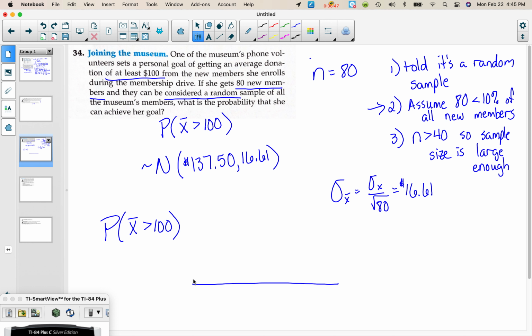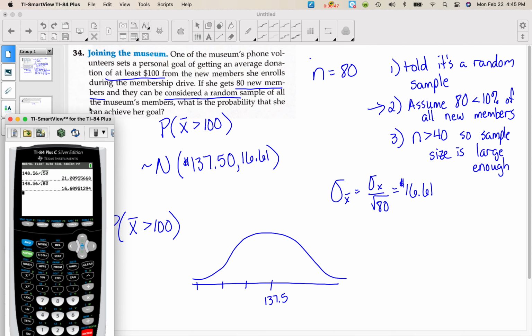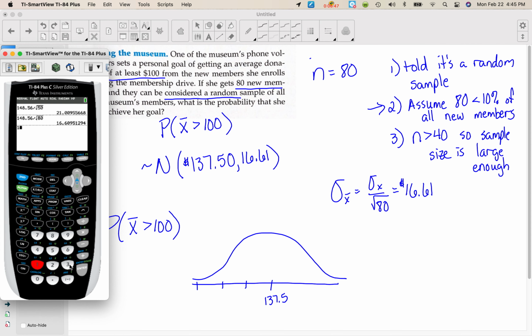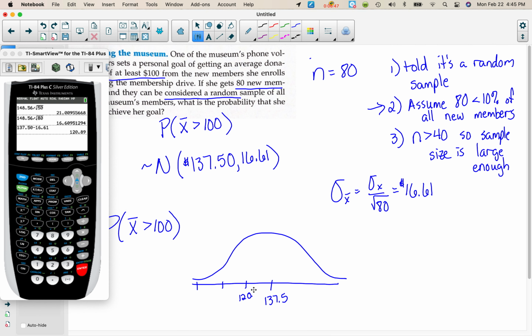So we have this normal model, and I'm going to place my 137.50. Since my 100 is going to be below that, I'm going to just count this way. So if I take 137.50 and subtract 16.61, I have 120.89.